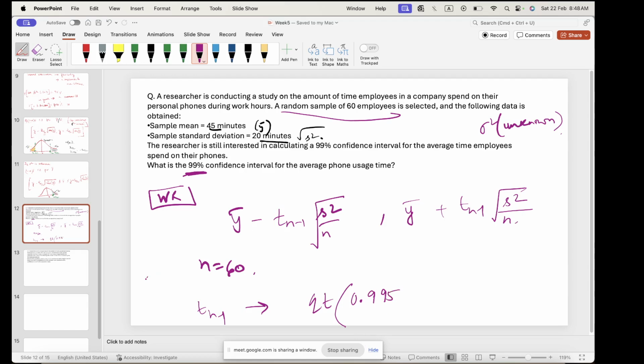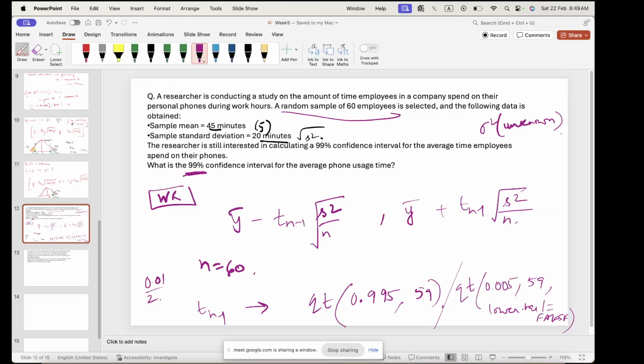It would be 0.01 by 2, so 0.005, so it would be 0.995, and n minus 1 is 59. Either this, or I should give qt 0.005, 59, lower.tail equal to false. We'll land up at the same thing.